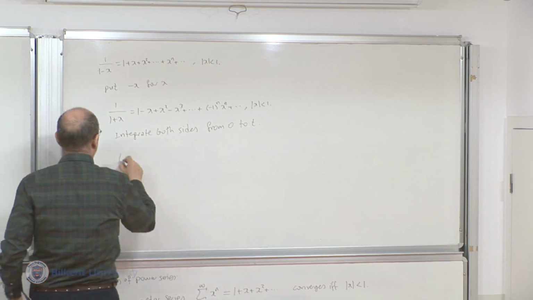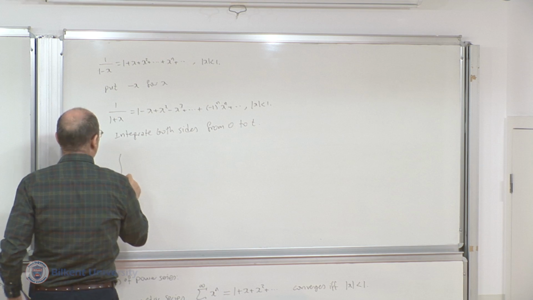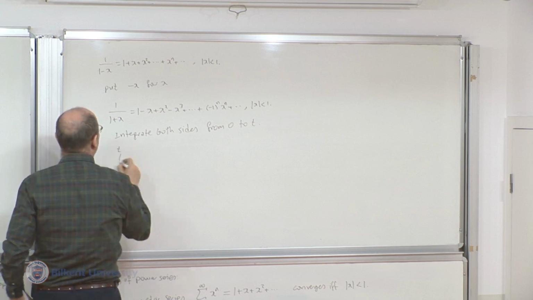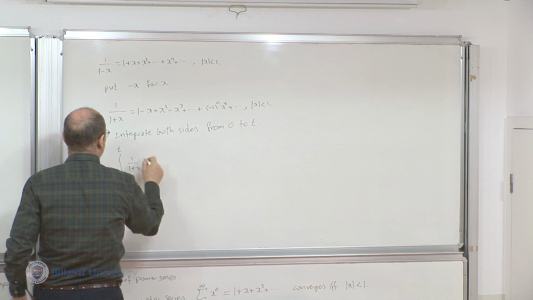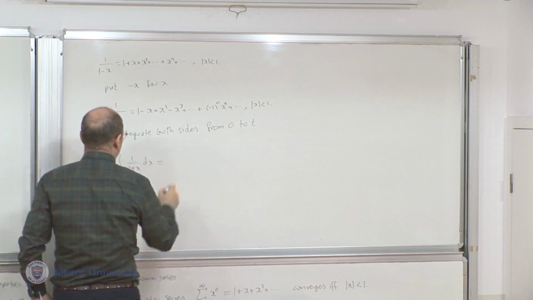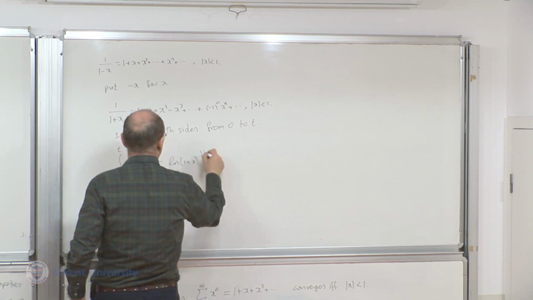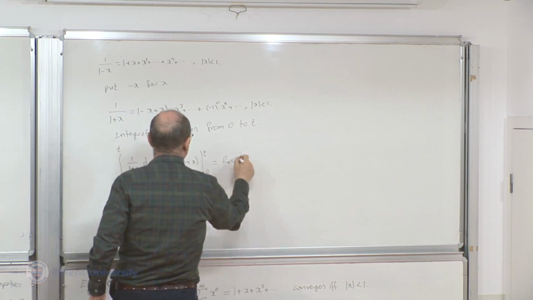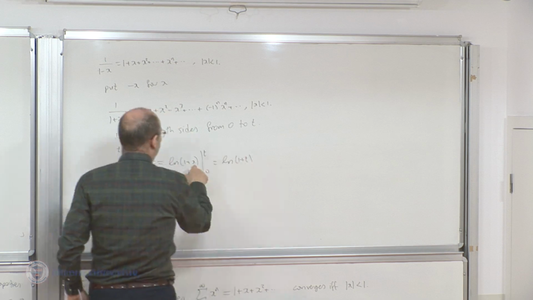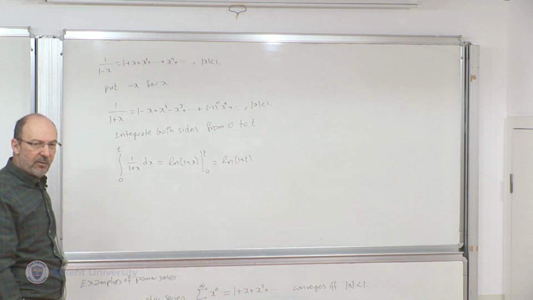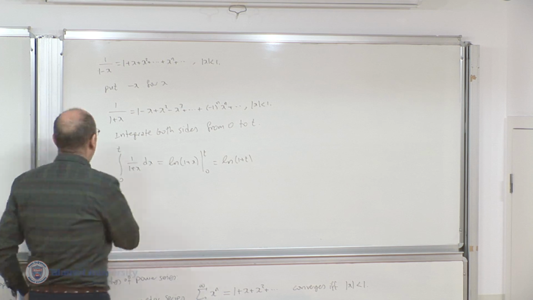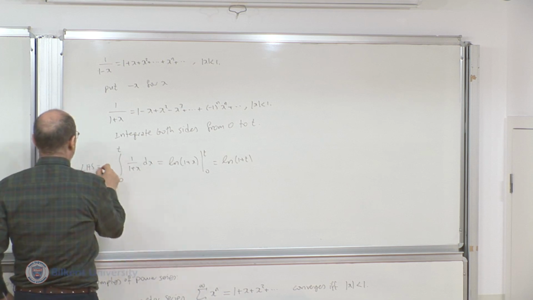On the left, the integral from 0 to t of 1 over 1 plus x dx is ln(1 plus x) from 0 to t. So this is ln(1 plus t); if I put x equals 0, it's ln 1, which is 0. So this is the left-hand side.